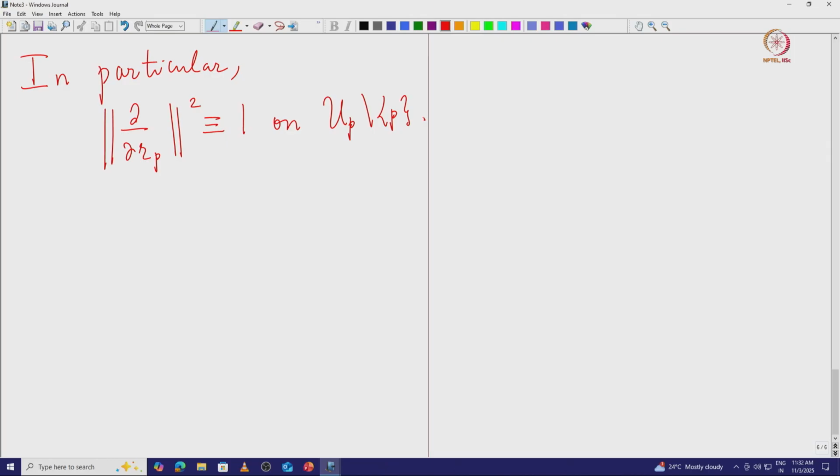Okay. And finally, why are these called normal coordinates? Well, for all i, j, k, the Christoffel symbols Gamma^i_jk at P vanish.